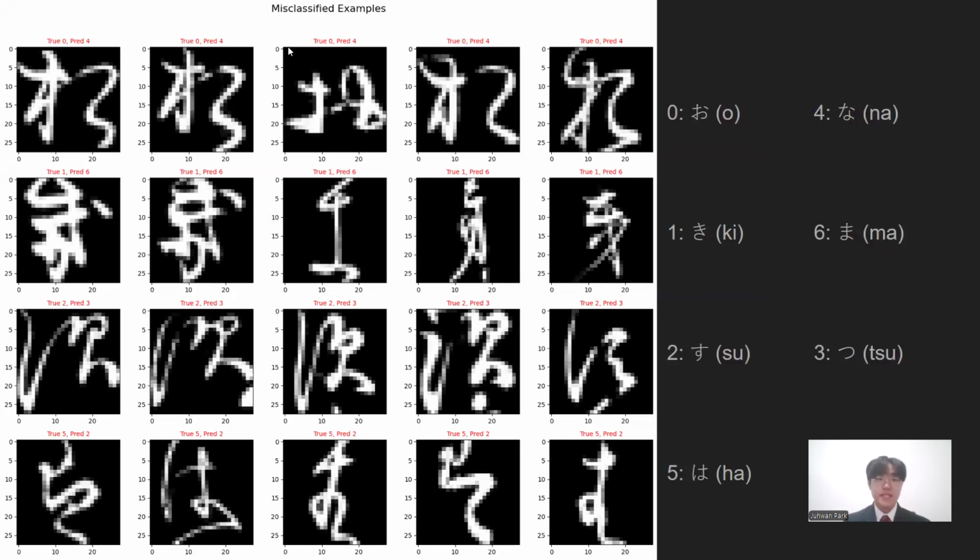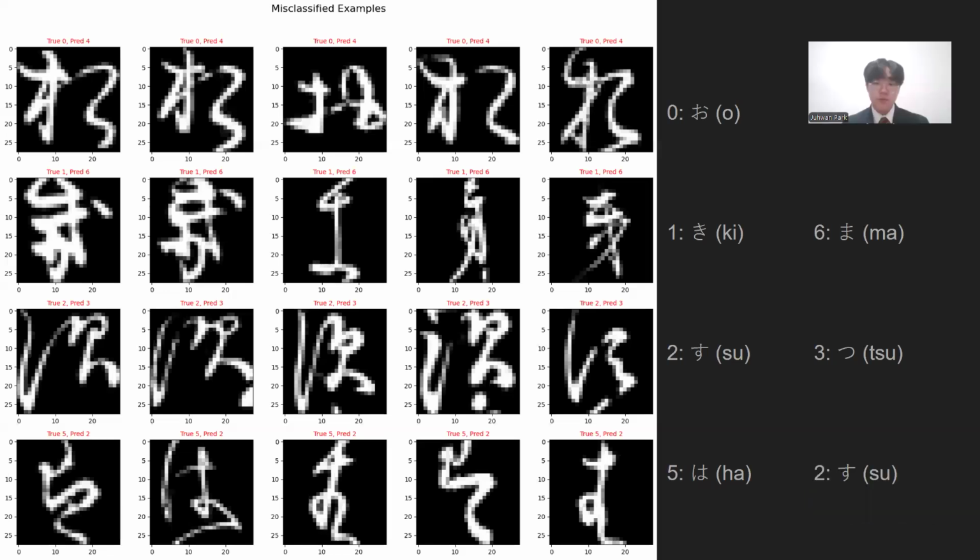Looking back at the misclassified examples, again, the first row shows us images of class 0 misclassified as class 4. The second row shows us images of class 1 misrepresented as class 6.